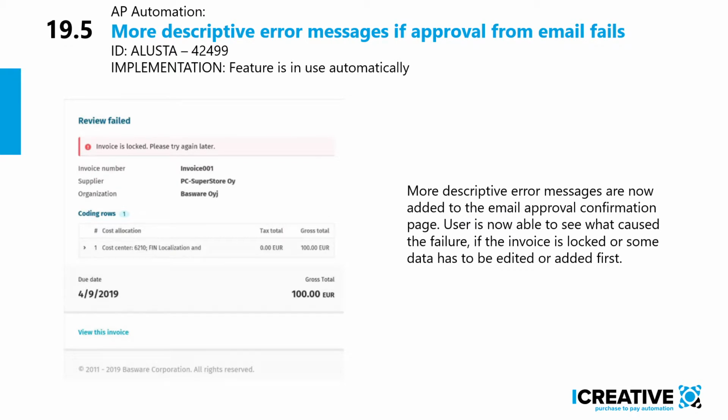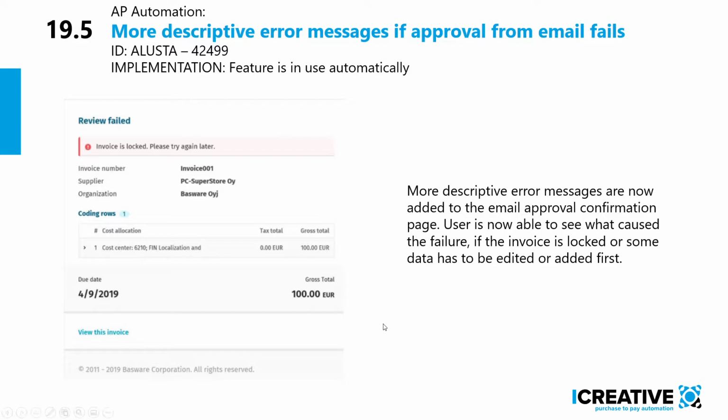The next one is about the email receiving. They have updated it with some more error messages to make more clear why there is an error. So in this case, the invoice is locked and you need to try it again later. But there is also a version that, well, the data has to be edited or added first before you can approve it within the email or review it.